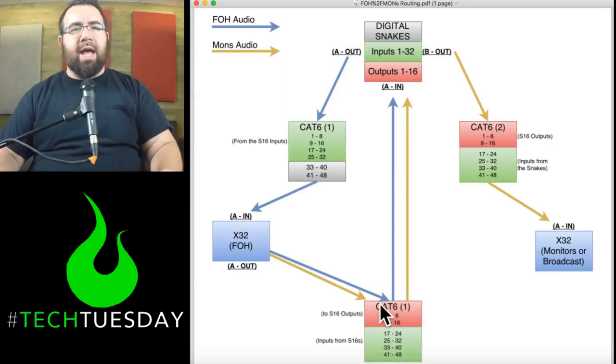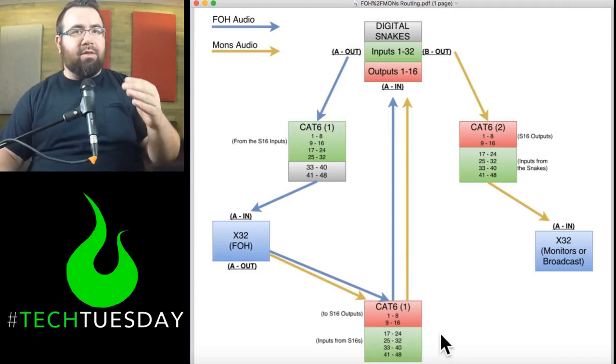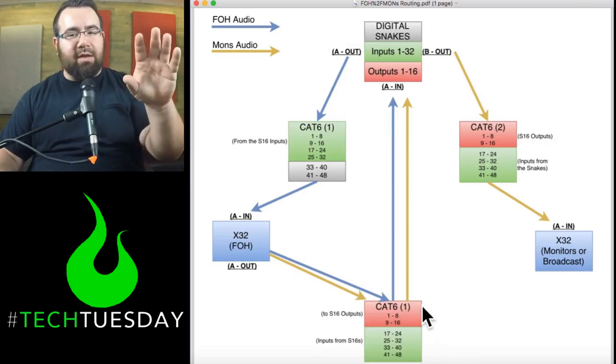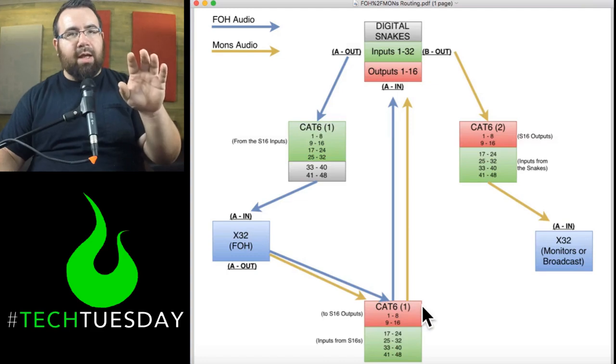And then this green one right here is, again, our 32 inputs from the S16. So what started here, came through here, ends up here. The board is going to tell those to come out channels 17 through 48. And the reason we're doing that is because those first 16 channels we want to be the outputs to the snakes, because that's how the snakes are going to read it.